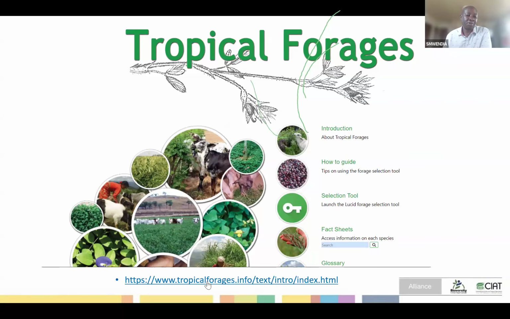And for example, if you go to Brachiaria, you can see there are a number of Brachiarias. And if you click further, you can get the details, including all the information you may need to help you establish it. For example, the distribution, application, environment, and soil requirements, the pH, the temperatures, and also agronomy.